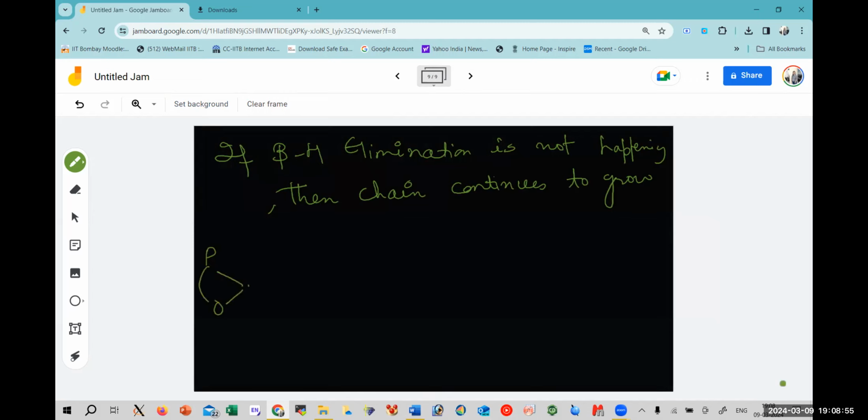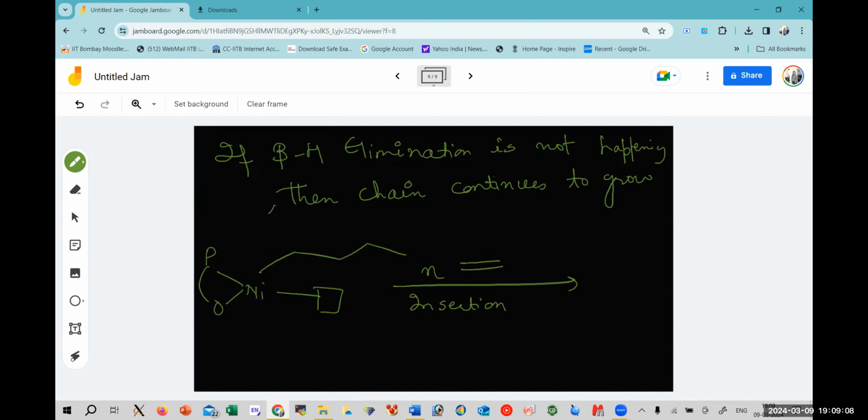So it would give you the nickel, and the chain was early like this. Here it was, you can see. Then we are having n times of olefin. This is the insertion, and ultimately we have the polyolefin. So this is n times olefin we are using. This is nickel, and then R, which is any chain number.